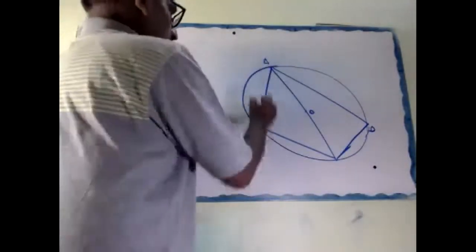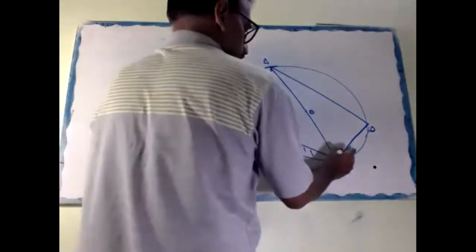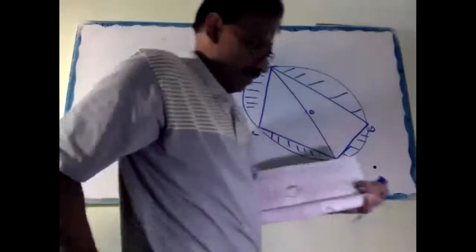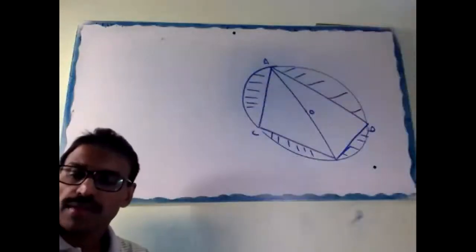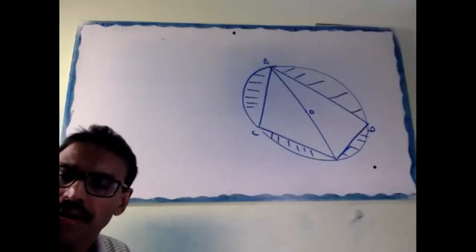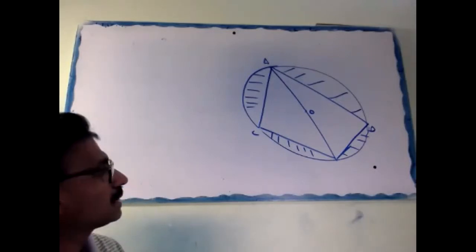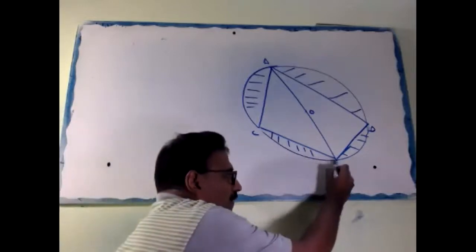Question. Find the area of the shaded region in the figure. BC equal to BD, 8 centimeter.